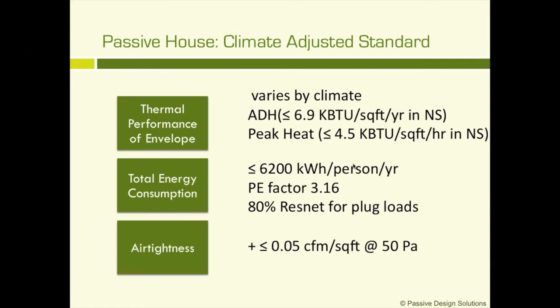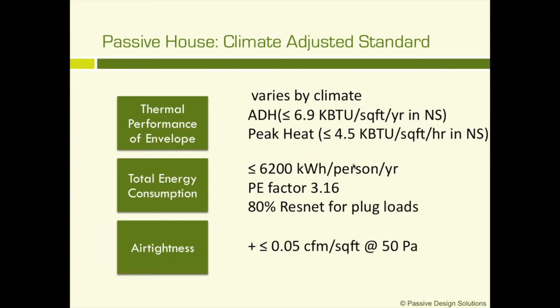The total energy consumption is less than 6,200 kilowatt-hours per person, and they increased the PE factor, basically evaluating the grid and saying that the North American grid is less effective at delivering to site, so that we have a higher PE factor, which gives us less site energy to work with in our targets.